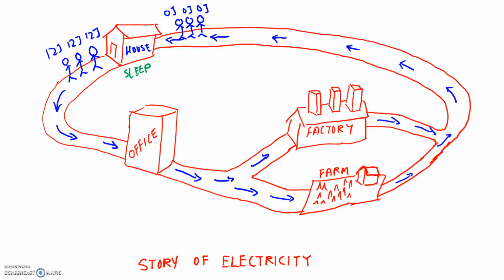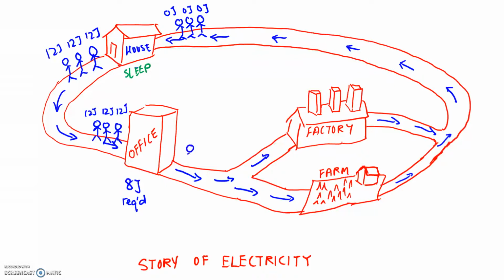Now, when you move on to the office, there's only one path, so you notice that you have 3 people who will then enter the office and do work. Before you enter the office, you have 12 joules of energy. Well, the office is probably a tiring work for you, so probably around 8 joules of energy is required.